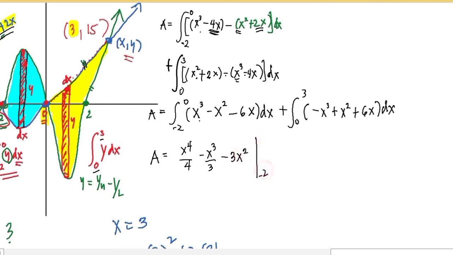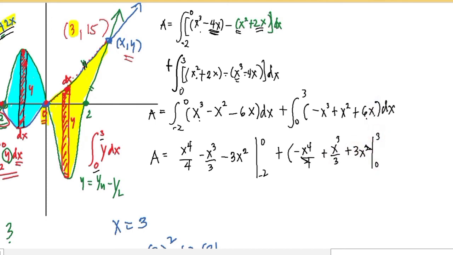Our limit here is from negative 2 up to 0. Then, plus, we have negative x to the 4th over 4 plus x cubed over 3 plus 6x squared over 2, 6 divided by 2, so it's 3x squared. Our limit is from 0 up to 3.